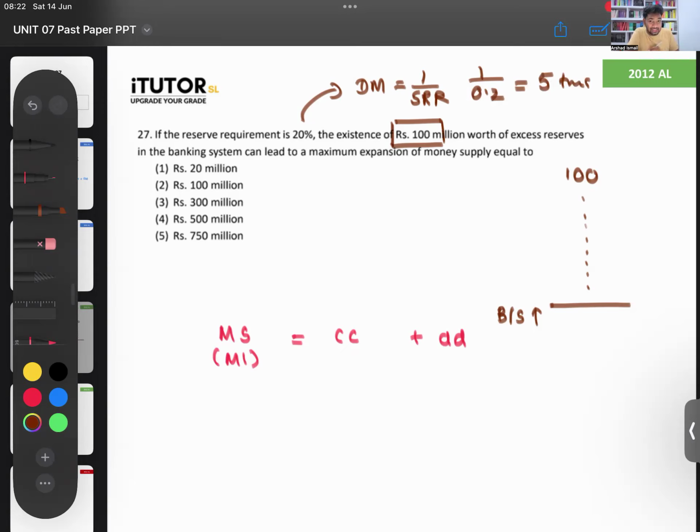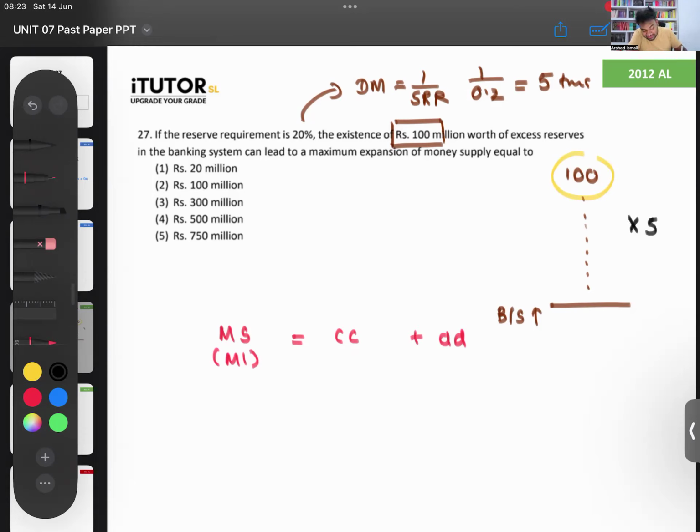So that means if some sort of a deposit comes, it will multiply 5 times in the entire banking system. So if this 100 that is excess reserves is given out as loans, it comes as a deposit to another bank, that would have got multiplied 5 times. It'll keep on going. Remember, if you all have watched that video, if you all have learned credit creation. So how many times will the banking system see an increase in deposits? They will see 100 into 5.